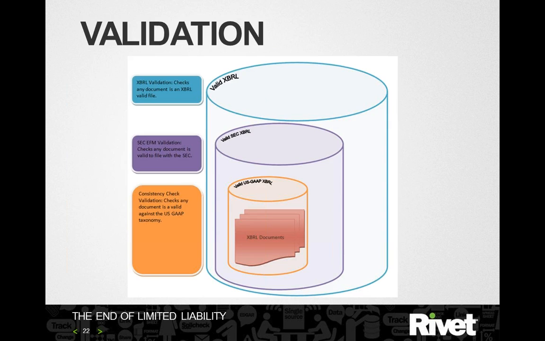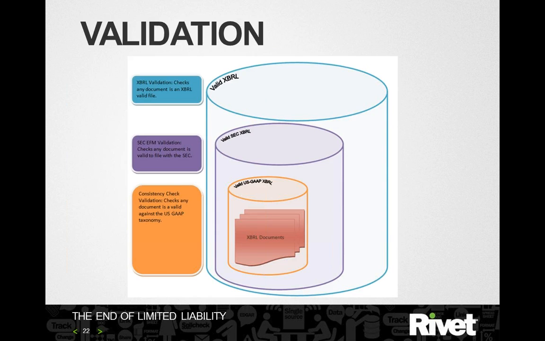And then you have checks which really are specific to the US GAAP taxonomy, and that's some of the checks that XBRL US makes available, so that you can start checking that items aren't negatives, etc. So there are these 3 levels of validation, and the XBRL specification and the EFM validations are a bit more generic. As you go lower and lower, you need to apply more and more specific validations.